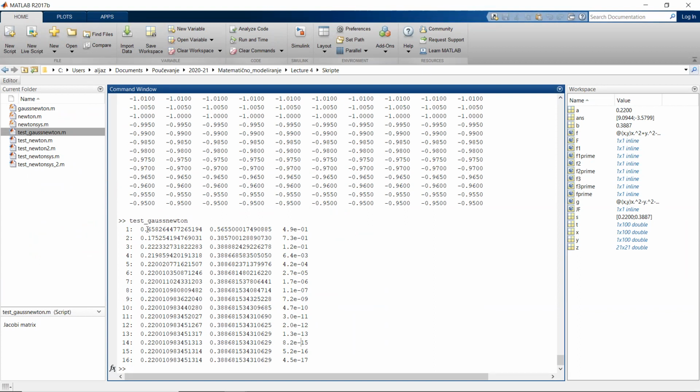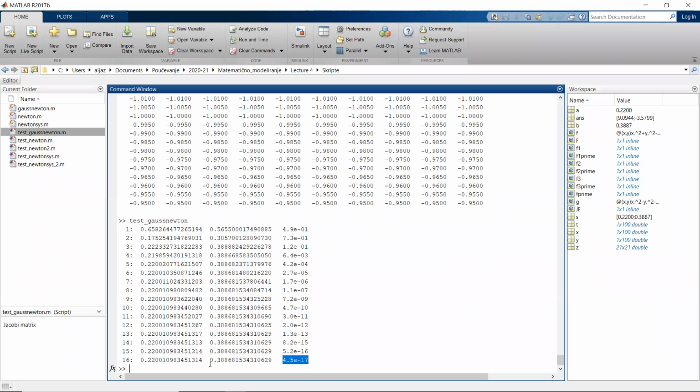Okay, you see, I ran this example. I started with A, B equal to 1.1, 1.1, and already after 16 steps, the method converged, and A was 0.22, B was 0.38. We really obtained convergence because the relative difference between the last two approximates is really small, 10 to the power of minus 17.